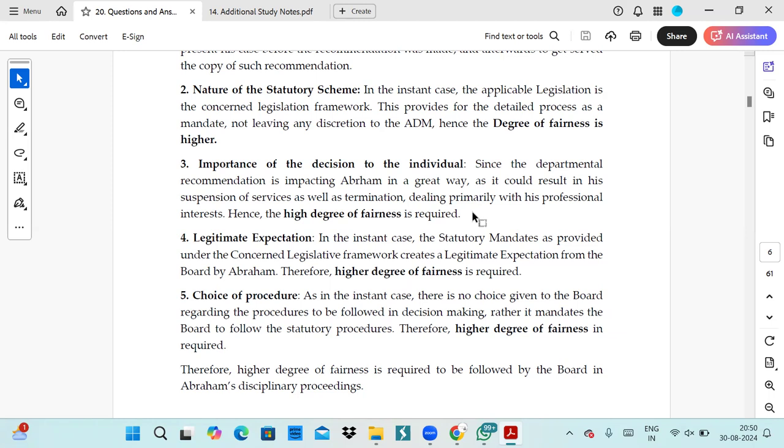So common law you should know because common law is the case laws. Whatever case laws you have understood in the administrative law syllabus, only that much you should focus on. Outside of that, they don't expect you to know all the common laws, all the judgments. Only in the syllabus.